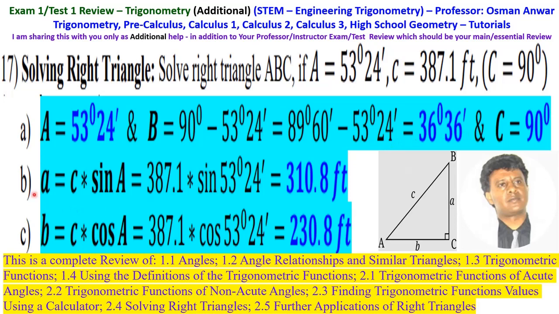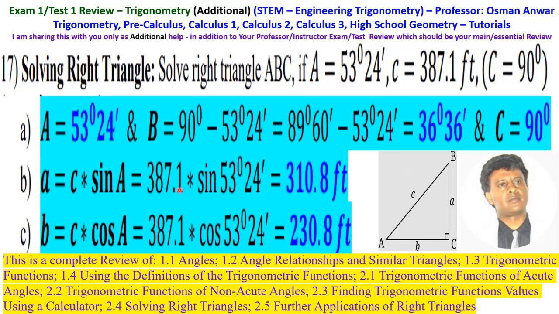Then, sine A is a over c. That means a is c sine A. We know c is 387.1. Sine A, sine 53 degrees and 24 minutes, and this is 310.8 feet.